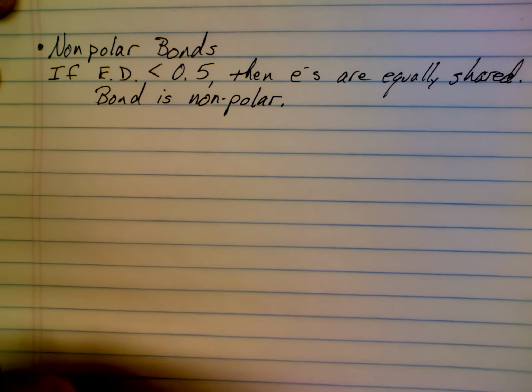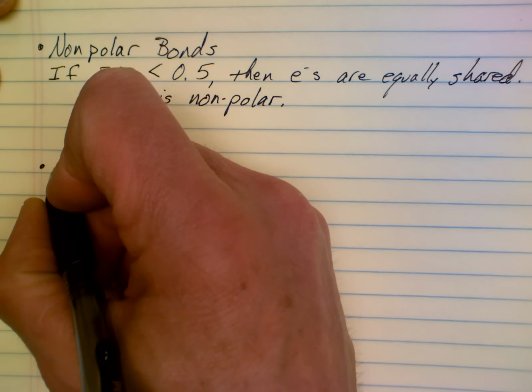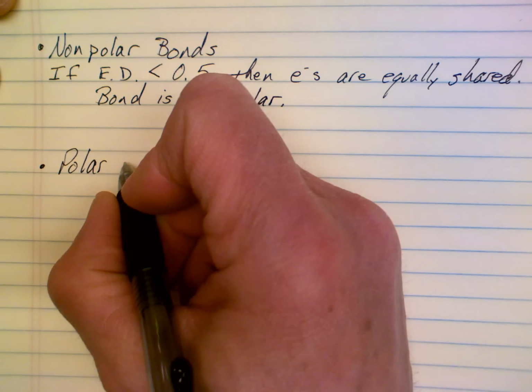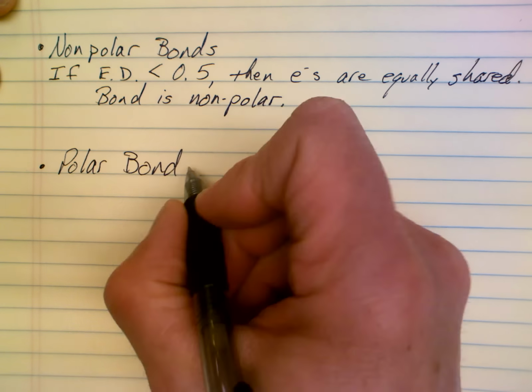If, however, we have a molecule in which you have an uneven distribution of the electrons, it'll give rise to what is known as a polar bond.